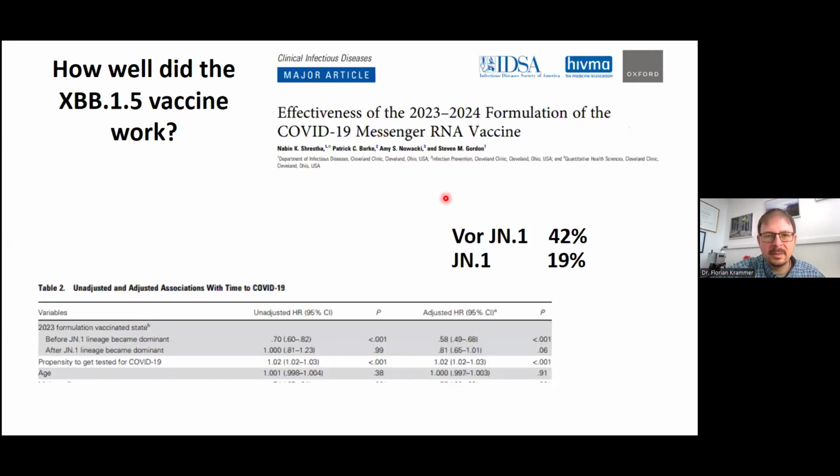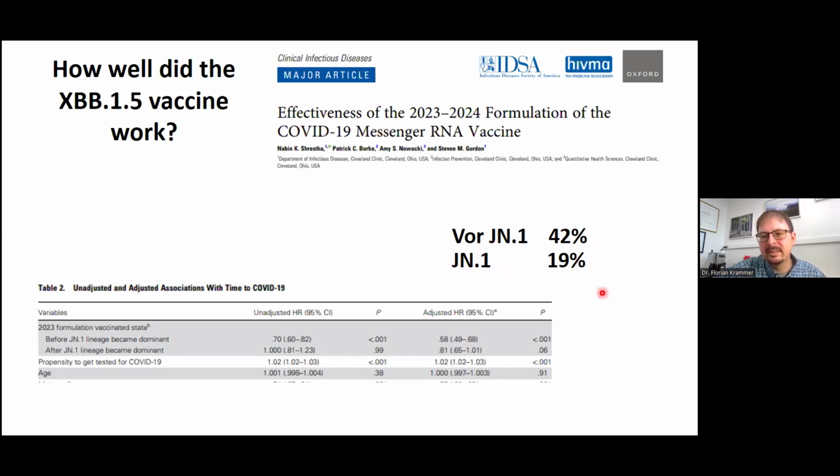There's another study that came out of Cleveland Clinic that looked, and specifically because we had a change in variant last year, from XBB to JN.1. So they looked at basically the era before JN.1, and they also see 40%, 42% vaccine effectiveness. But what they see when the variant changed, right, when the virus evolved, then the vaccine effectiveness went down.